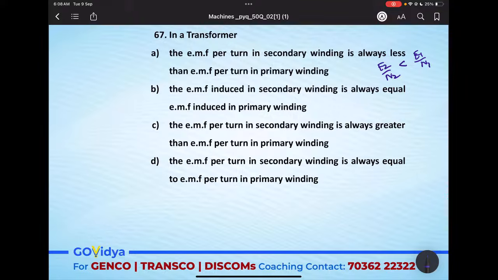The EMF induced in secondary winding is always equal to the EMF induced in primary winding. What they are telling, E2 is equal to E1. The EMF per turn in secondary winding is always greater than the EMF per turn in primary. EMF per turn in secondary winding is always equal to the EMF per turn in primary winding.